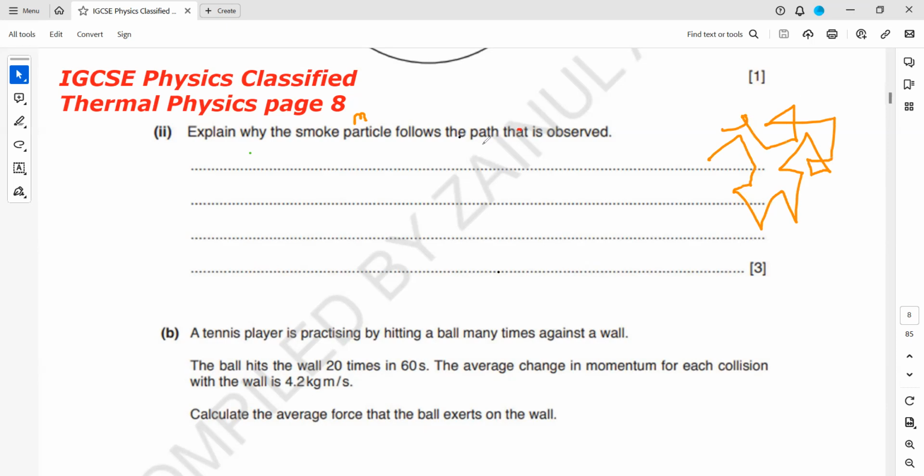So what is the reason why the smoke particles follow this Brownian motion? Answer in a structured way. The smoke particles are hit by the air molecules. The lighter air molecules are moving randomly.